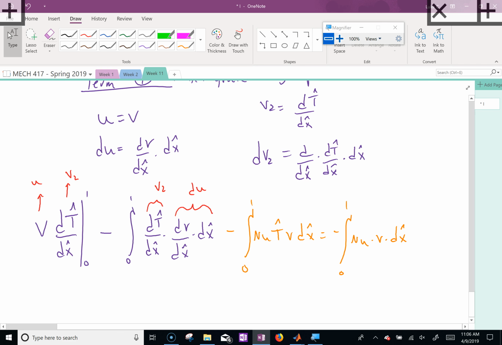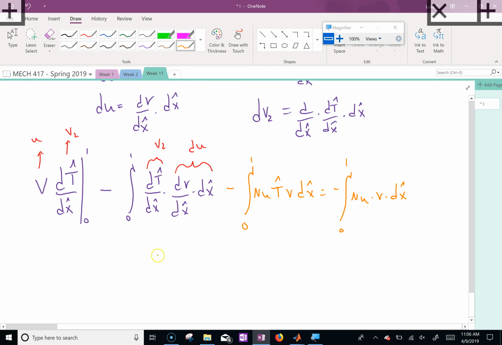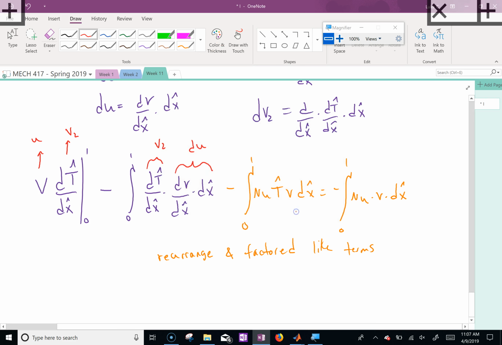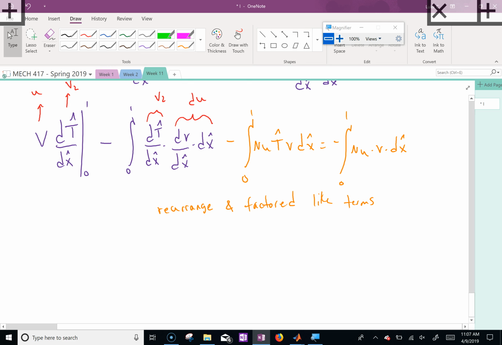Okay, the next line I'm going to do is I rearranged and kind of factored like terms. So 0 to 1, negative, big bracket, the derivative.